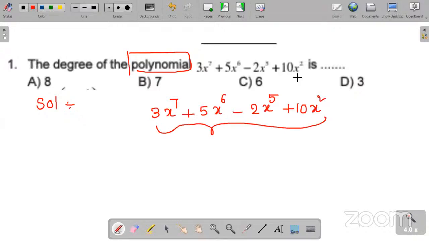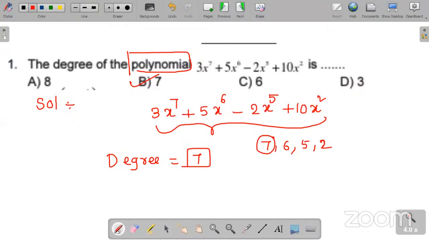Very good. Here we have powers 7, 6, 5, 2. The highest is 7, so the degree is 7. That means B is the right option. I hope this is very clear to you. Yes or no?